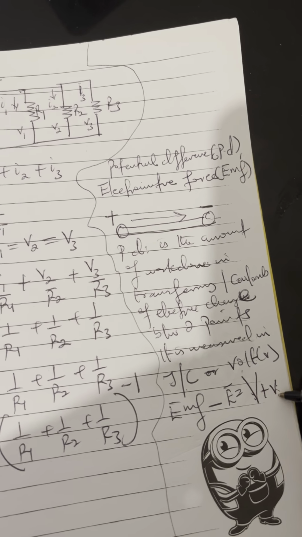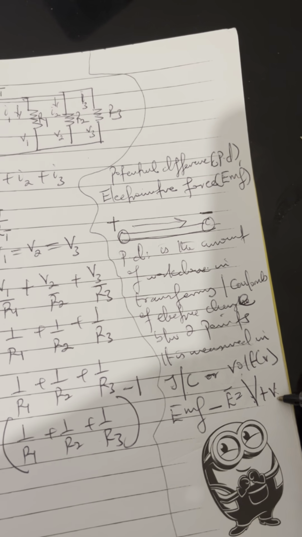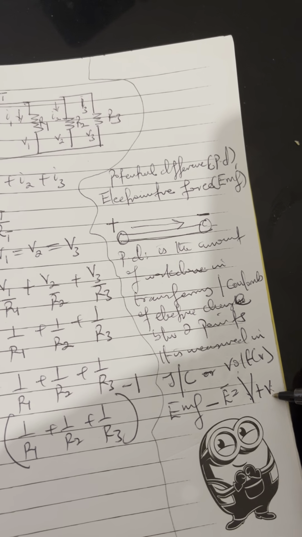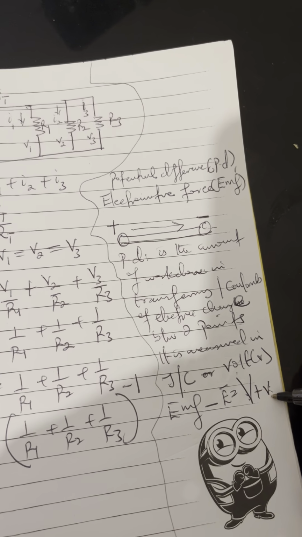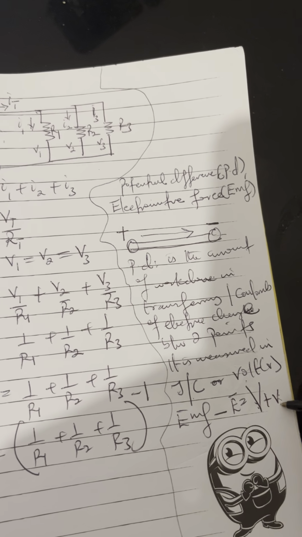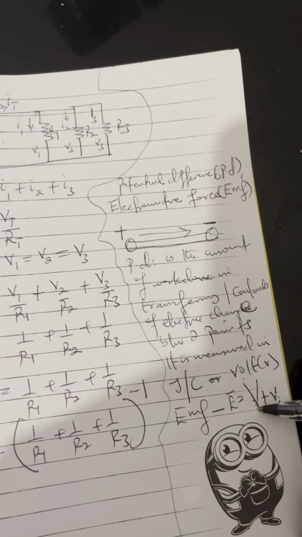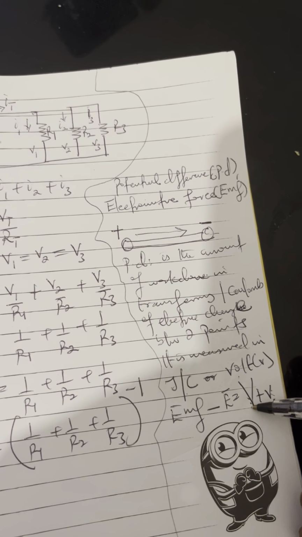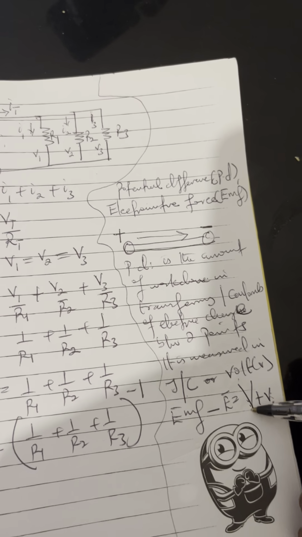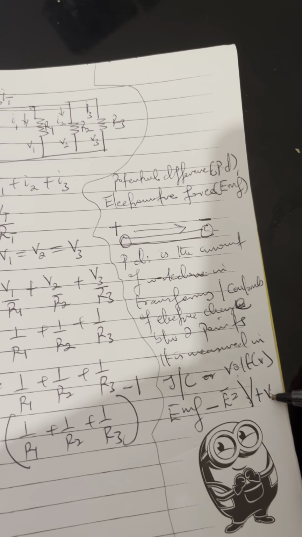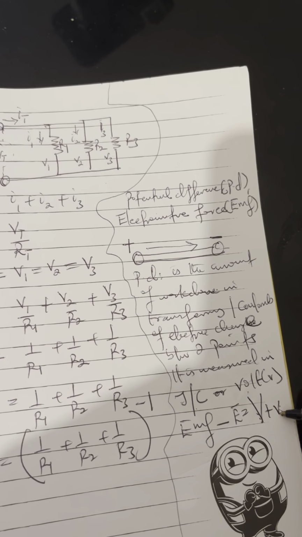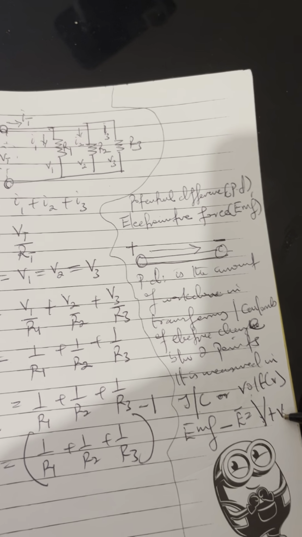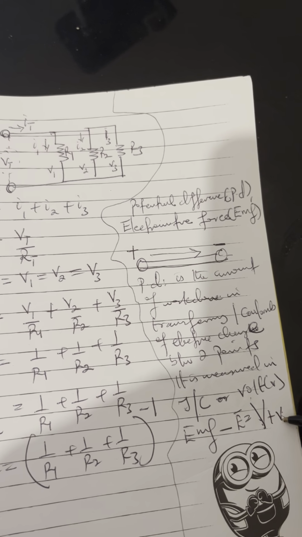The small v is the voltage as a result of the internal resistance of the cell, the voltage across the internal resistance of the battery.